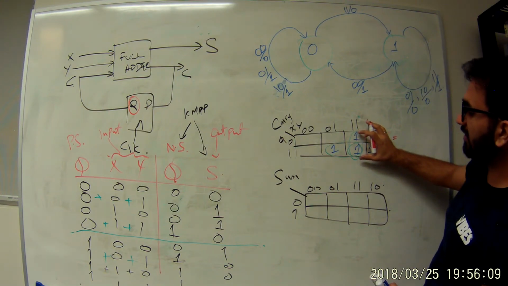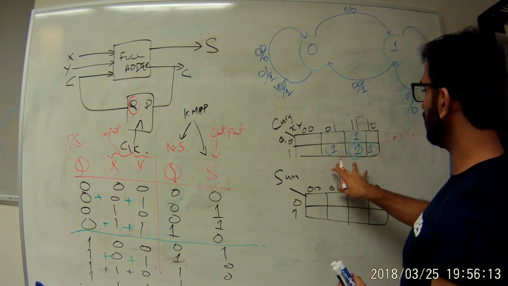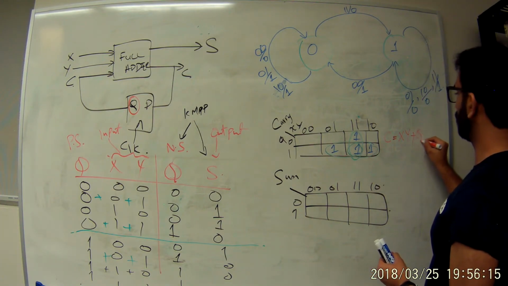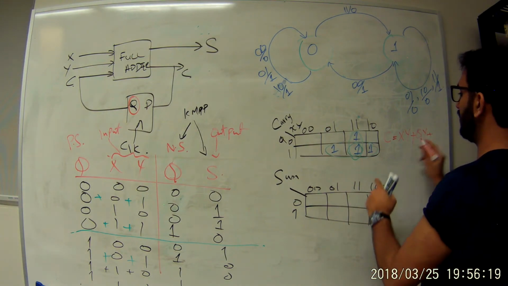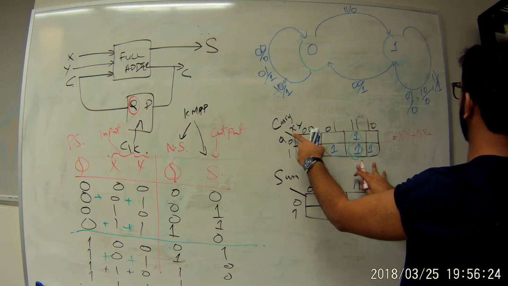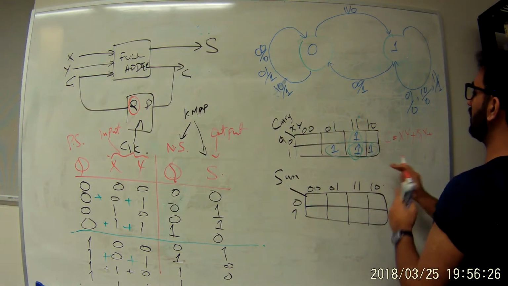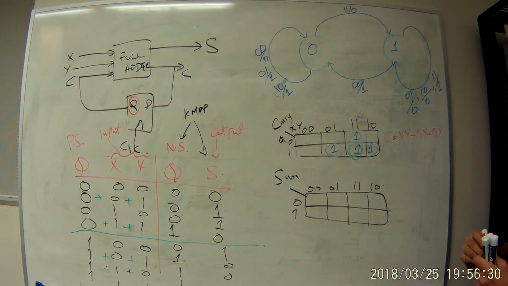This group cancels the Q, so we get X and Y. Or this one, we get Q, and we cancel out X because it's changing, we get Y. And in this one, X is not changing, but Y is changing, so we get X.